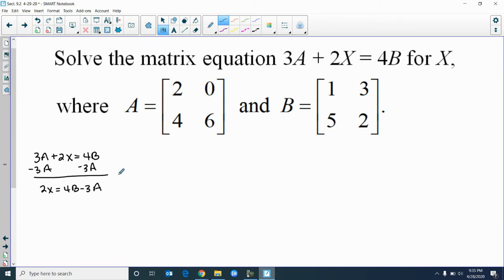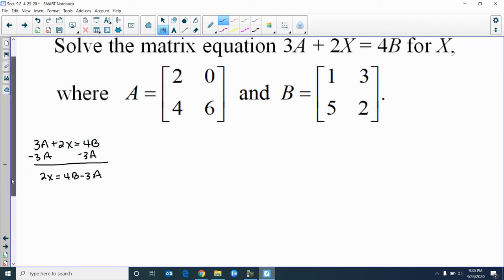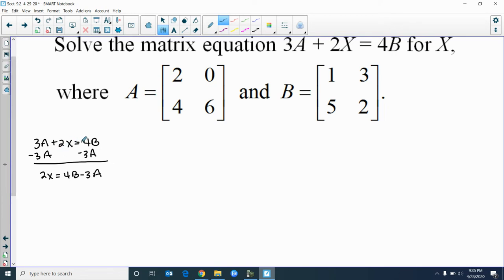And actually, that's something that we really don't have the capabilities to do at this point. But we can multiply, and then it'll get rid of the 2. We're going to multiply by the reciprocal of 2, which is 1/2. So that means 1/2 times 2X is going to equal 1/2 times 4B minus 3A. And so X equals 1/2 (4B minus 3A).